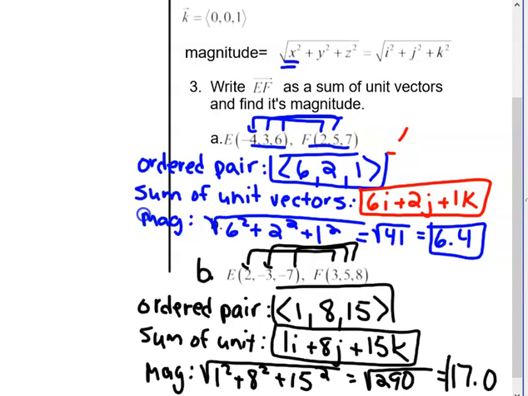And when we take the square root, those 2 vectors combined in 3-dimensional space would have a magnitude of 17. And the new direction, when you put those 2 together, if you started at 0, 0, it would end up right 1, up 8, and out 15. And that is it for 3-dimensional space.